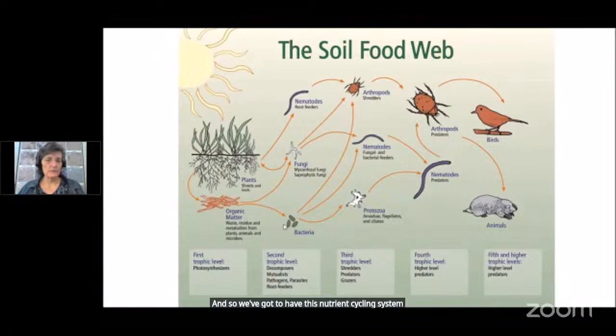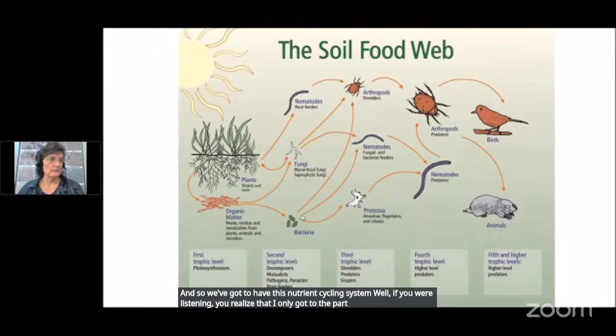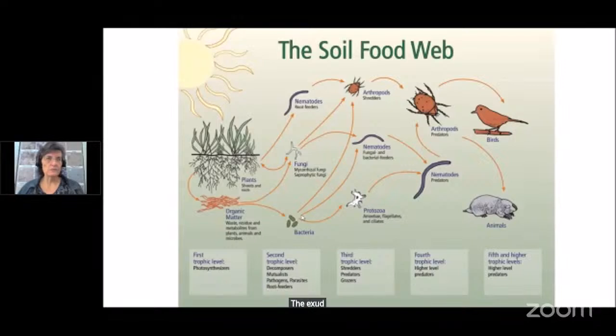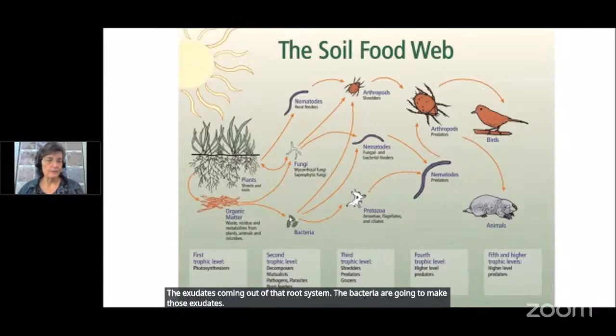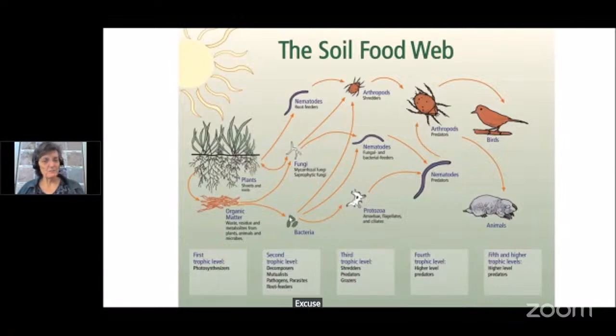Well, if you were listening, you realize that I only got to the part where the bacteria make enzymes, as directed by the plant, by the exudates coming out of that root system. Excuse me. The root is going to make the exudate.